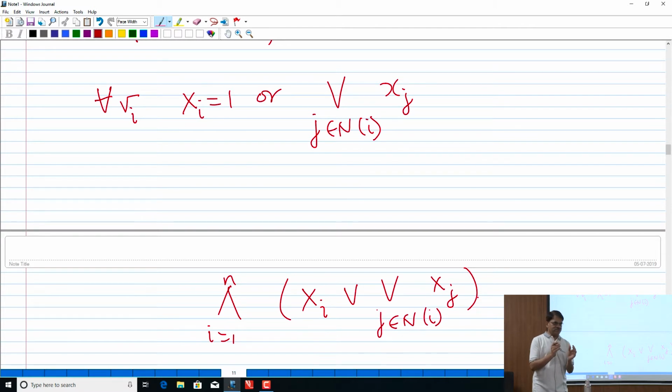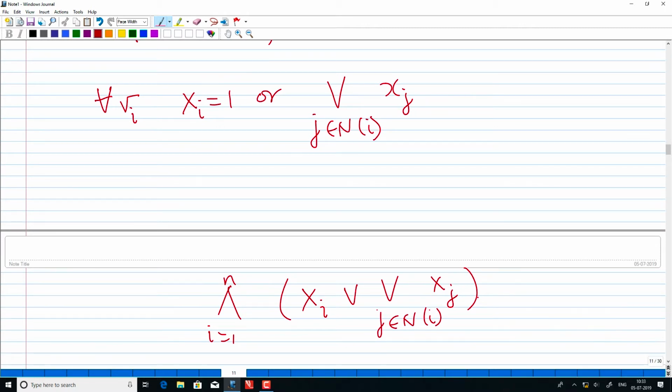So, first clause will say, let us say vertex 1 has 3, 7 and 8 as neighbors. The first clause will say x1 or x3 or x7 or x8. The second clause will say x2 or whatever x2's neighbors are, and of all that. It's a huge formula, and of ORs. That's the formula. That's it. So, you just translate your dominating set definition into logic and you will get this formula.